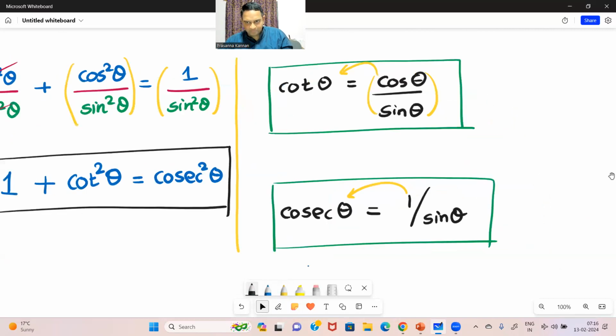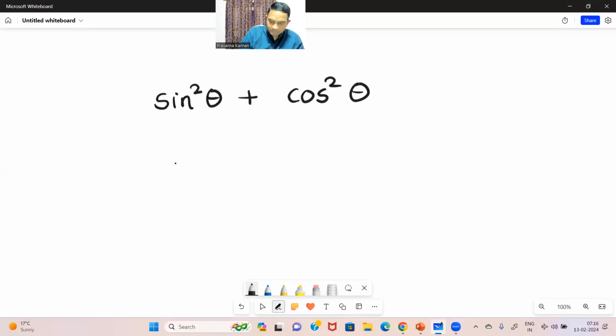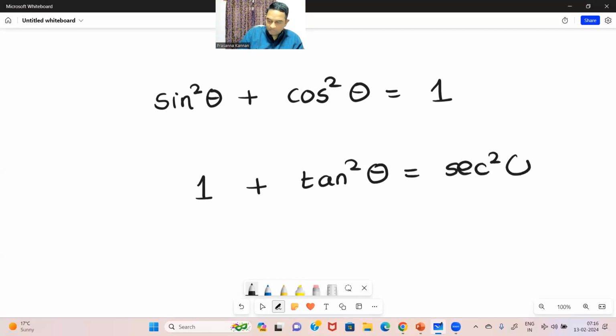What are they? First formula is sine square theta plus cos square theta is equal to 1. Okay, the first formula. Then, do you remember we have derived this?